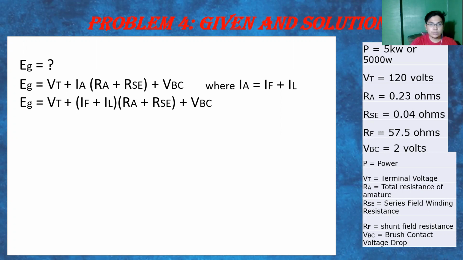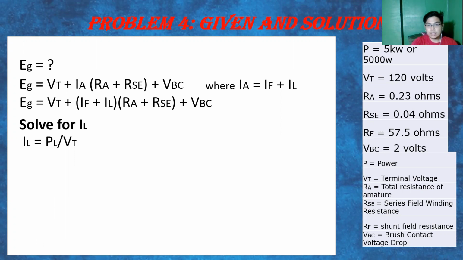So yan na, substitute ko lang yung formula, then sasolve natin yung I sub L, which is yung load current. So yan, IL is equal to P sub L all over VT.